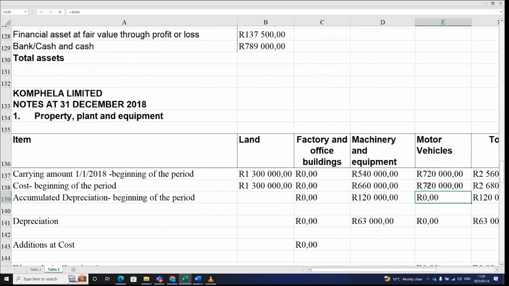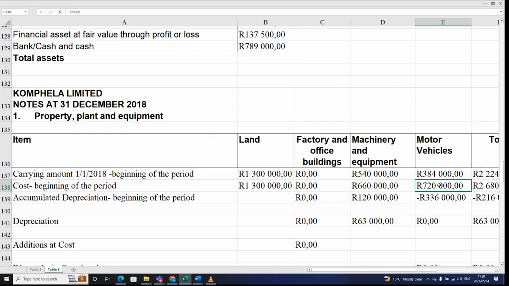Okay. Then we've got cumulated depreciation, which was 336. Okay. Let's change that sign there quickly. Right. So carrying amount at the beginning of the period was 384,000 Rand.